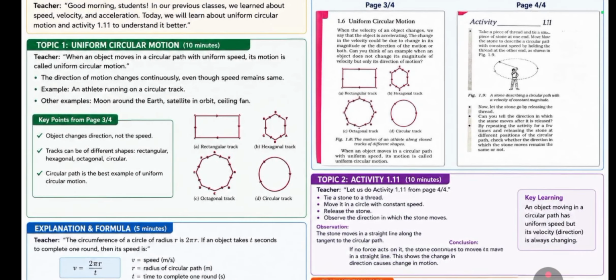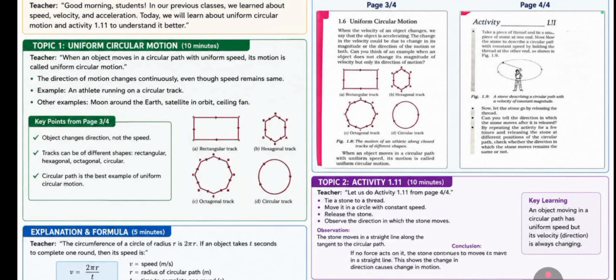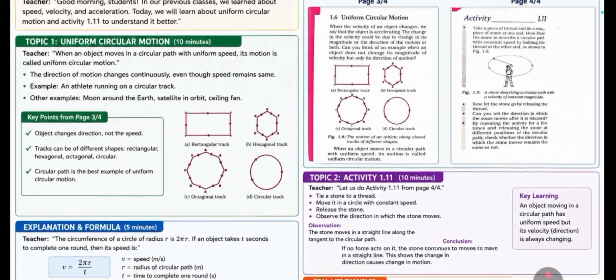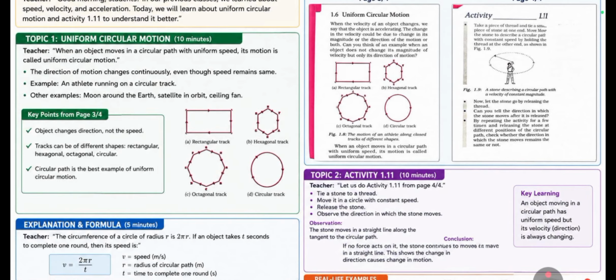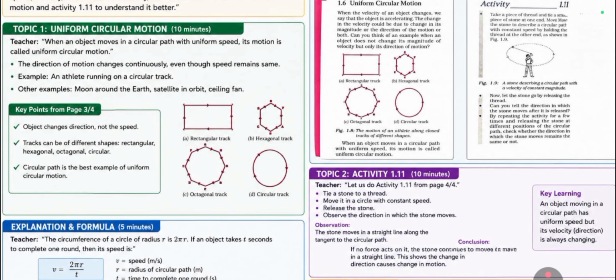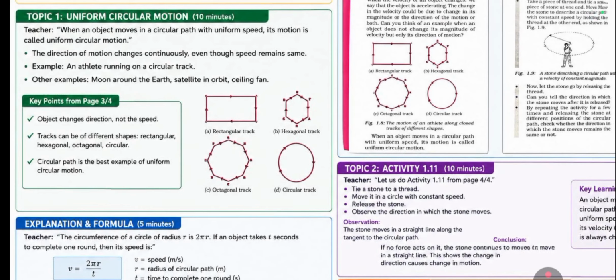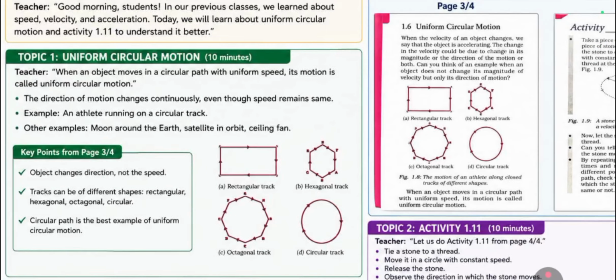Before this, we discussed speed, velocity, acceleration, and uniform motion and non-uniform motion, and their formulas and units and some solving problems, and some daily life examples also. Now we are discussing uniform circular motion.